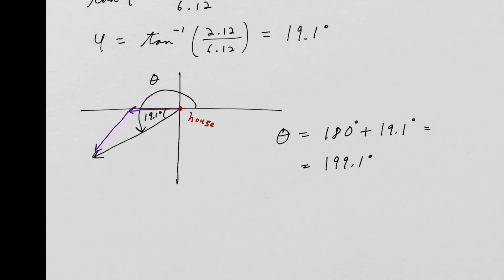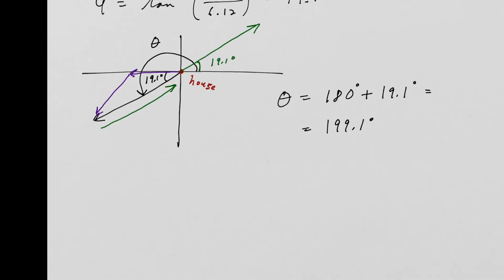Well, I'd have to walk in this direction, right? In that direction. And if you think about it, I'll just draw it on the other side. If I subtract 180 from 199.1, that's got to give me the direction. In fact, it's just this angle, which has to also be 19.1 degrees. So the direction that she would have to walk in to get home would be 19.1 degrees.